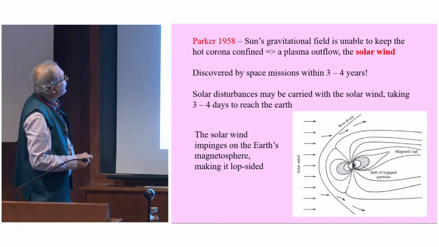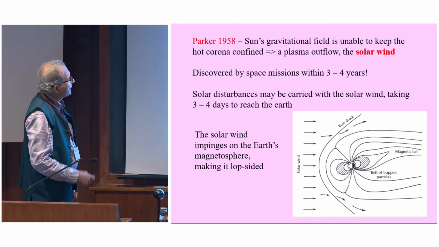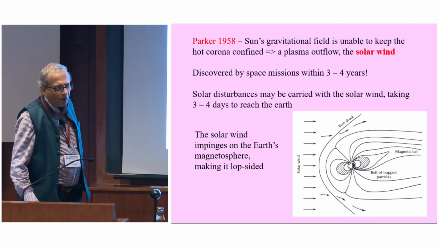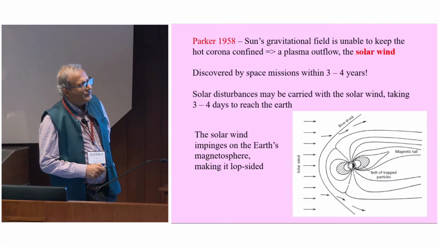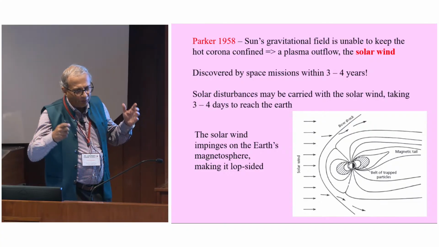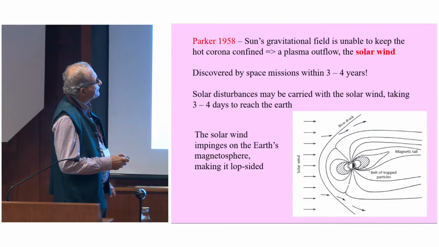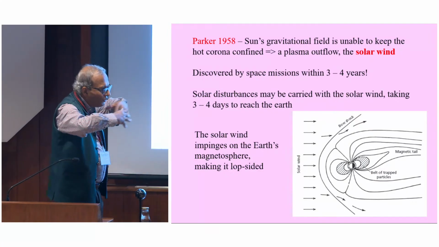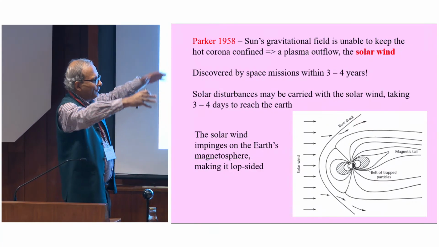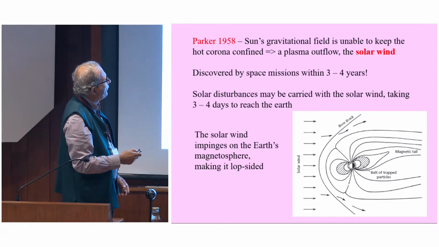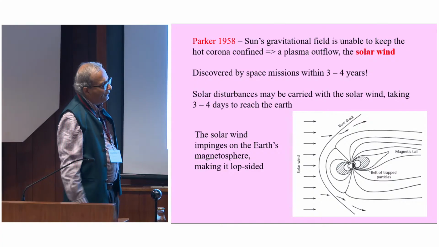So when Parker was doing some calculations about the solar corona, he realized that the solar corona is so hot that the sun's gravitational field will be unable to hold on to it completely. His theoretical equation suggested that there must be an outward flow from the outer regions of the corona, which he named solar wind.